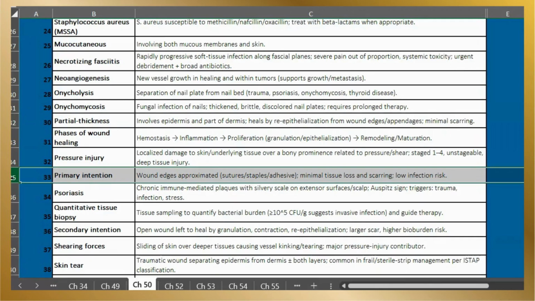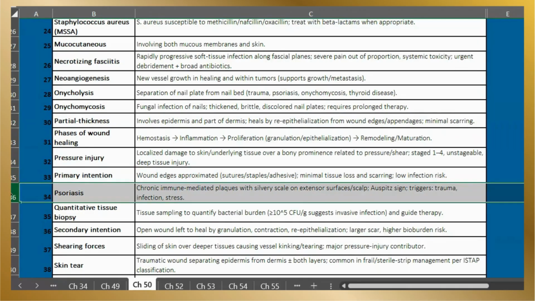Primary intention, it's wound edges approximated, like sutures, staples, adhesive, minimal tissue loss and scarring. So it's a low infection risk. So primary means like almost closed.